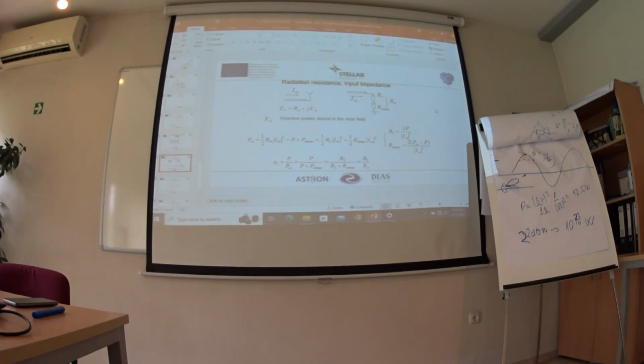So from the point of view of the cable, the antenna is a load. The cable doesn't care whether the antenna dissipates the power into space or converts it to heat. From the point of view of the cable, this is power that's going into the antenna.